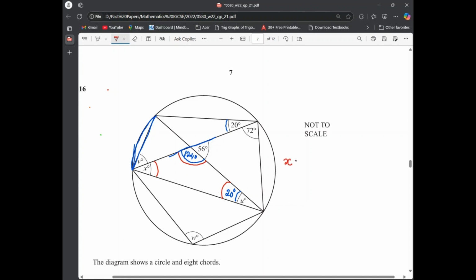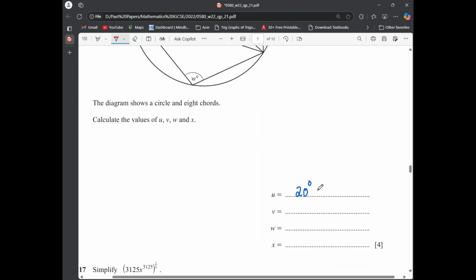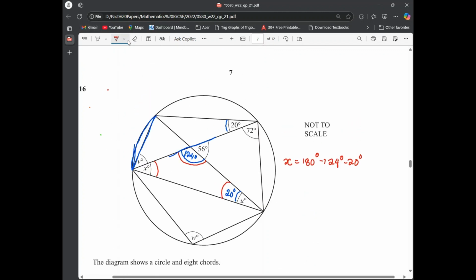So x will be equal to 180 minus 124 minus 20 degrees. Right, 160 minus 124 gives me 36 degrees. Okay, I'm going to write my x there. That's my 36 degrees there.